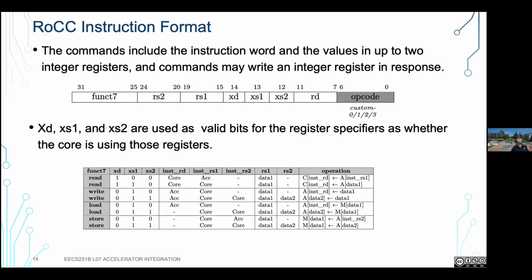You can still remember what you did in 251A with the RISC-V project, right? The format is very similar. Any guess, very similar to which type of instruction? Looking at the opcode, we have RS1, RS2, and also the return register, right?